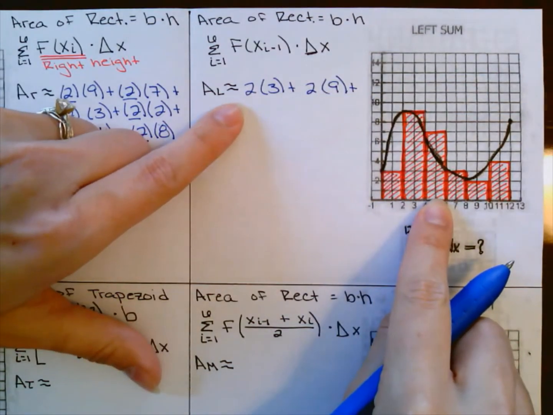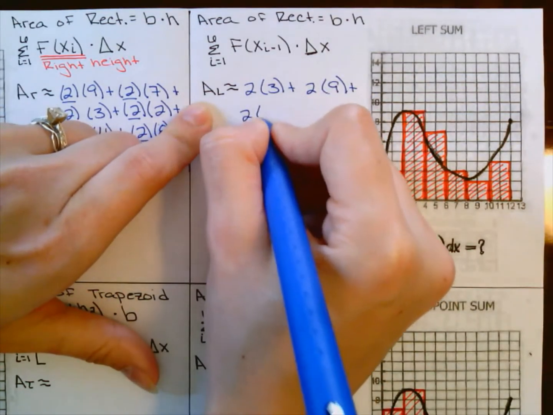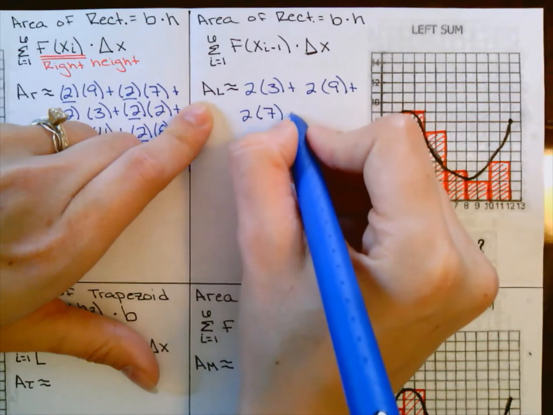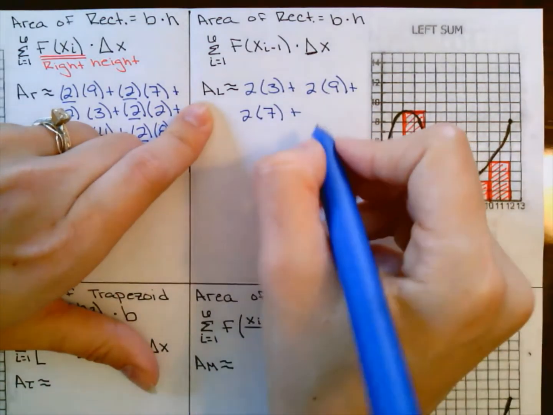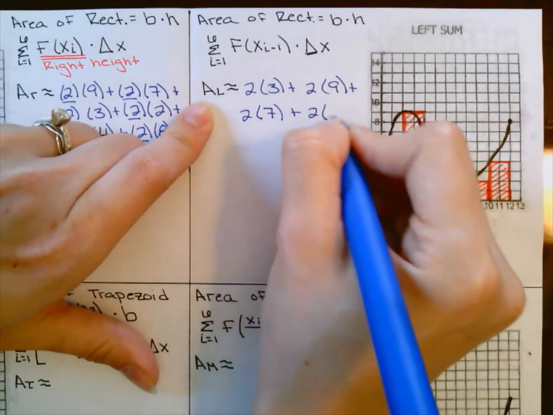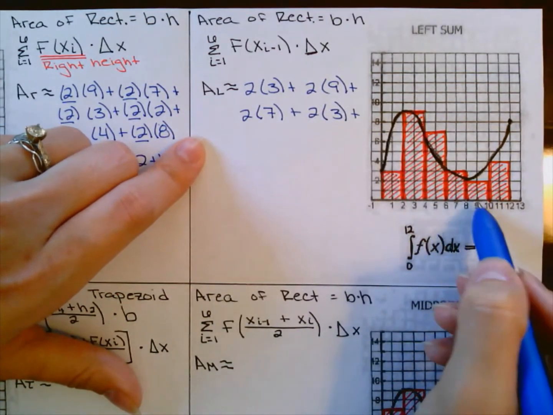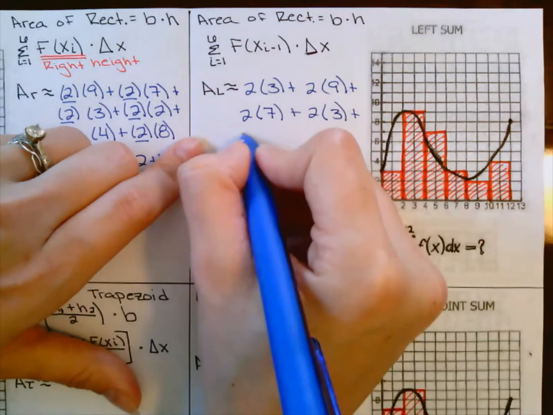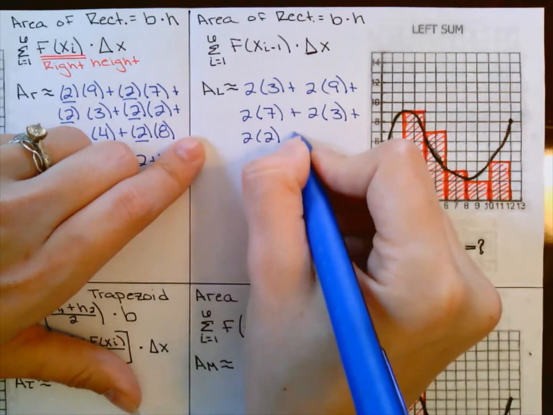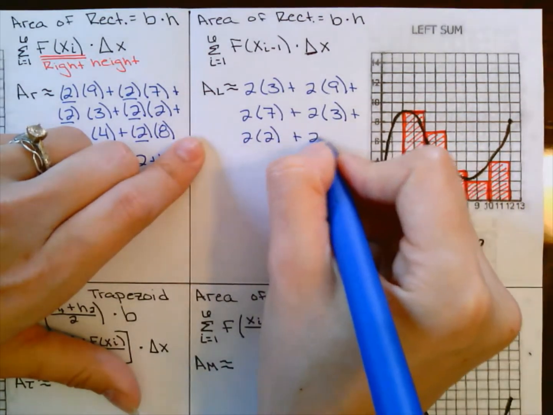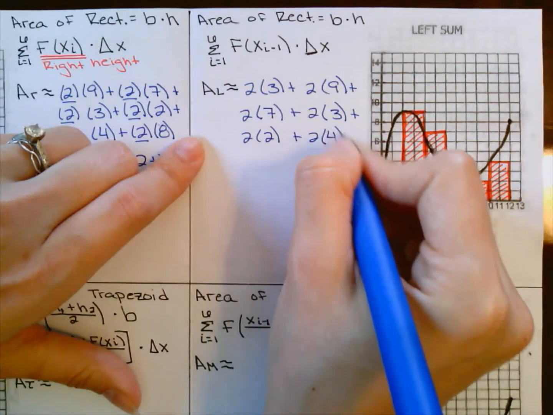And then my next one, base of 2, my height is 7. The fourth one, my base is 2, my height is 3. Okay? My next one, my base is 2, my height is 2. And my last one, my base is 2, and my height is 4.